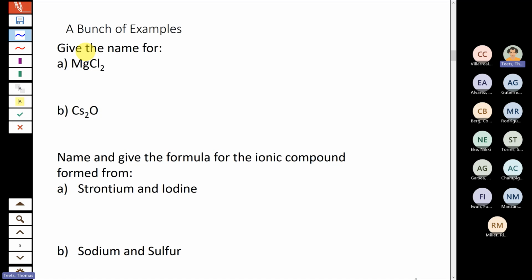Okay, so for MgCl2, it doesn't really matter what the charges are, but we would have Mg2+ and 2 Cl minuses. That would be the individual charges. But again, none of that really matters for the names. We just put the metal first, which is magnesium.